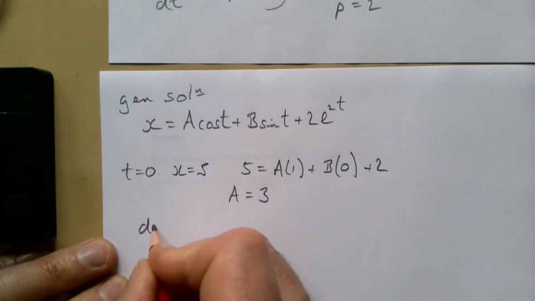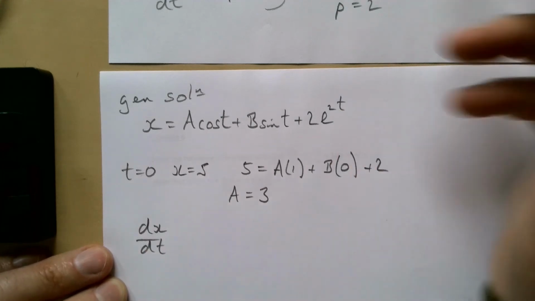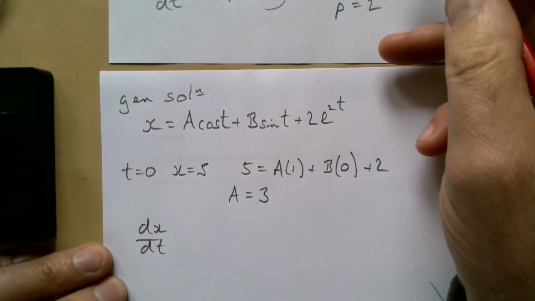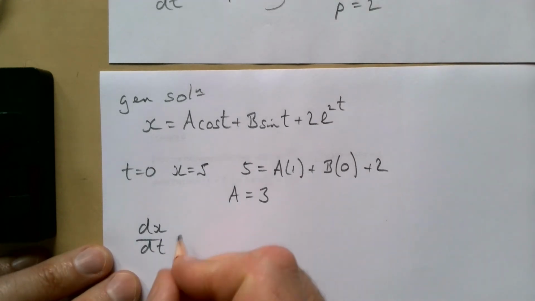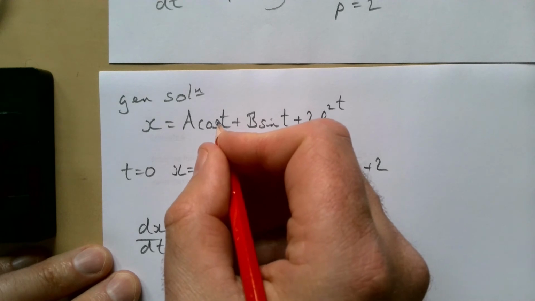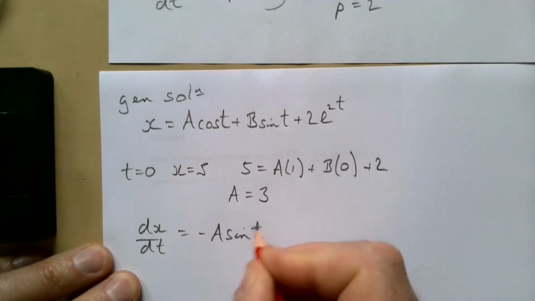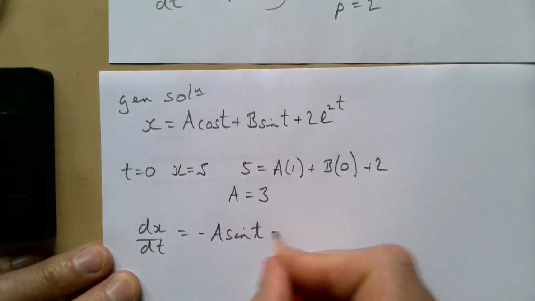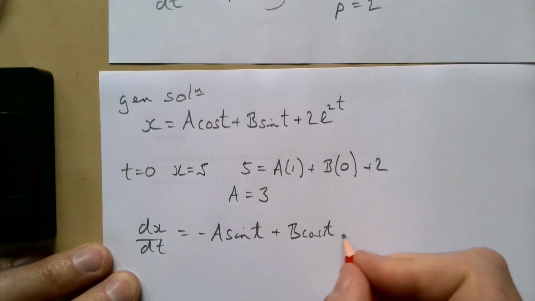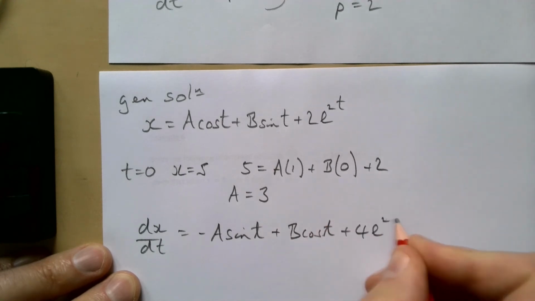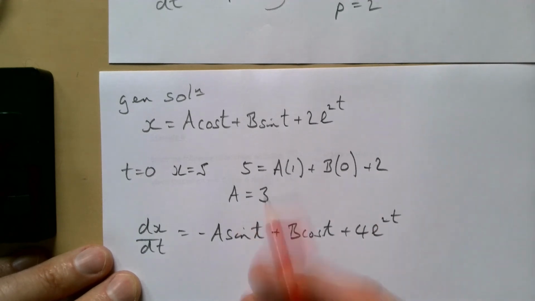We're told then that dx by dt, so we need to find our dx by dt, because we're told in the question that whenever t is 0, dx by dt is 14. So dx by dt, if we differentiate this, we get minus a sine t plus b cos t plus 4e to the 2t, and hopefully this will help us work out our value of b.